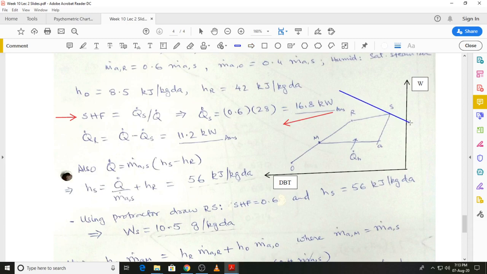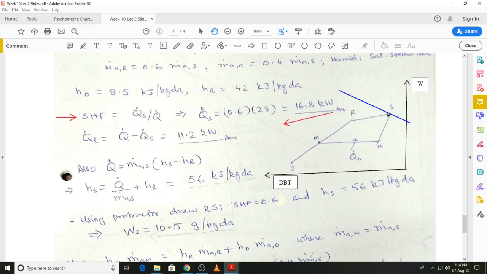and remember we have a constant enthalpy line for state S. This corresponds to a value of 56 kilojoules per kilogram dry air, and what we didn't know is where on this line state S will lie. So what I have to do is draw a line from R which is parallel to the line that I have marked on the protractor, and the intersection of these two lines will give us state S, and that is how state S will be obtained on the actual psychrometric chart.